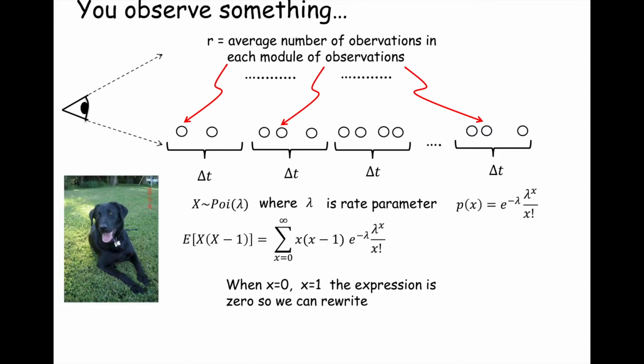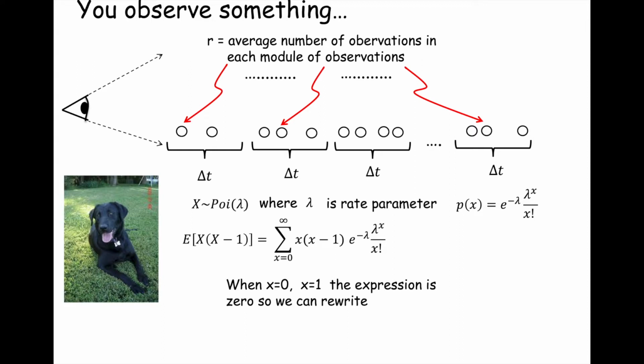So we're going to take our summation, X equals 0 to infinity, of X(X−1) e to the minus lambda, lambda to the X over X factorial. And we substitute for X equals 0. Well, we get 0 times whatever, so 0, plus the term for X equals 1.